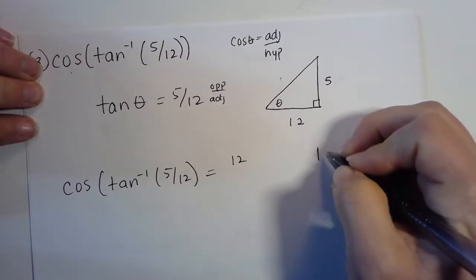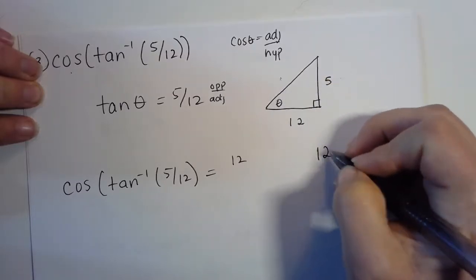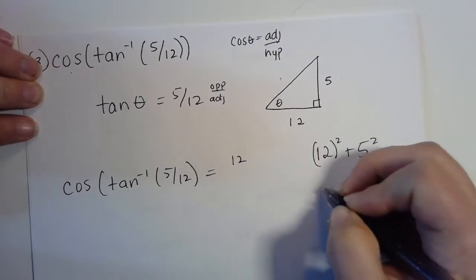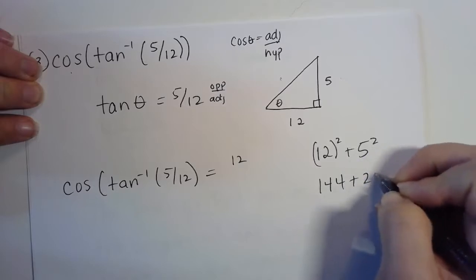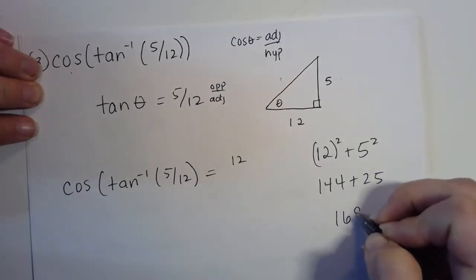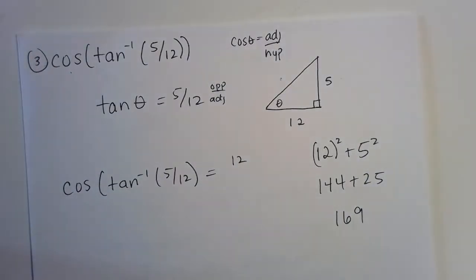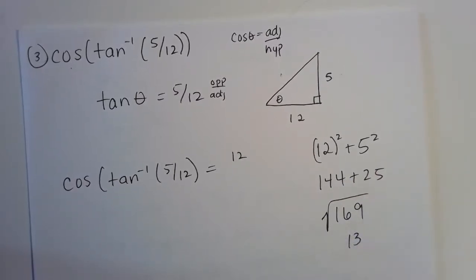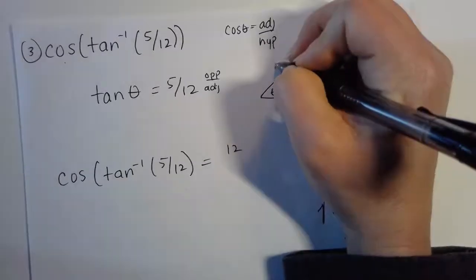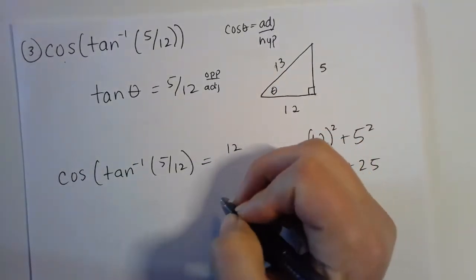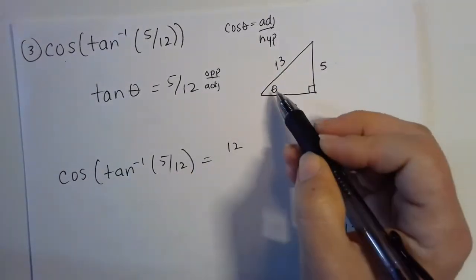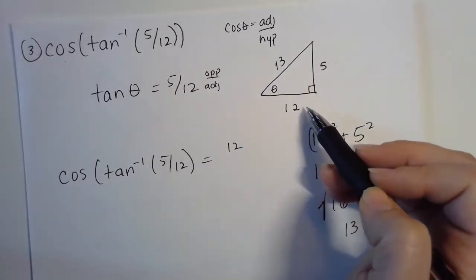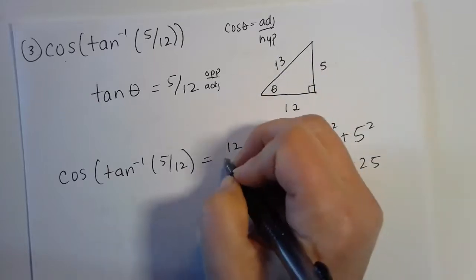So I have 12 squared plus 5 squared, which is 144 plus 25, which gives me 169, which is 13 when I take the square root of it. So this side up here is 13, so now that I have my triangle figured out, the cosine would be 12 over 13.